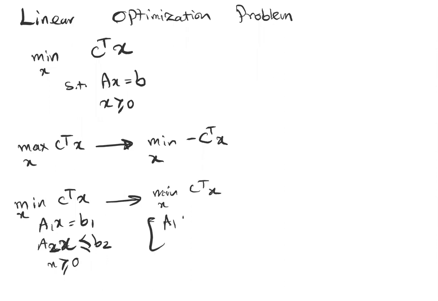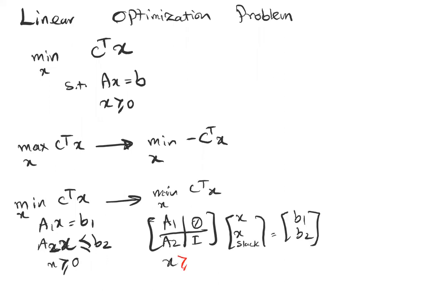Then we have A1, A2, I, 0 multiplied by X, X slack equal to B1, B2, and X's are positive. X slacks are also positive.